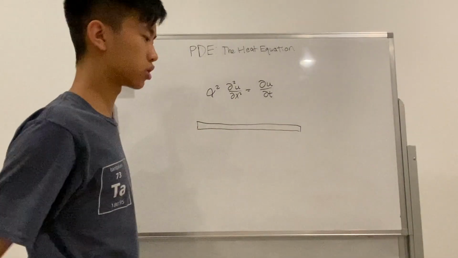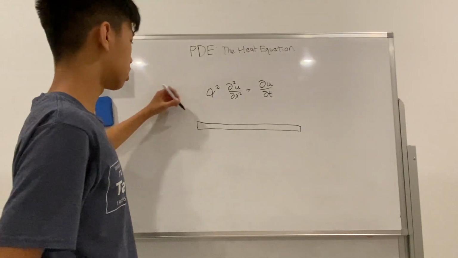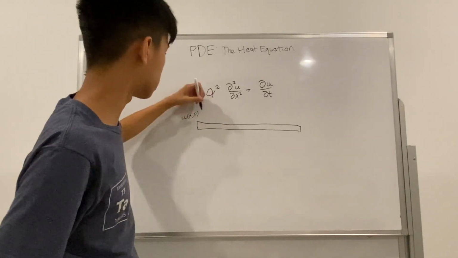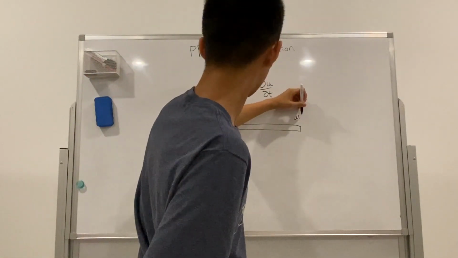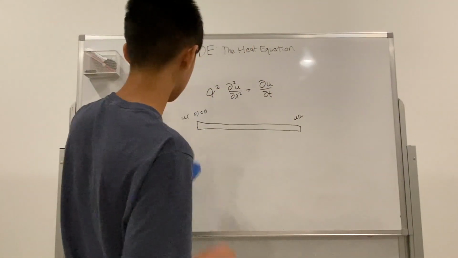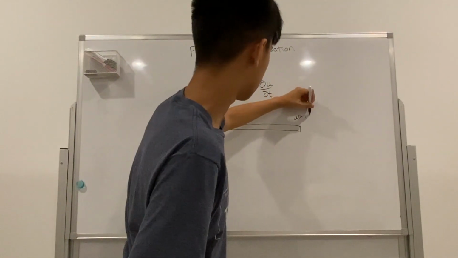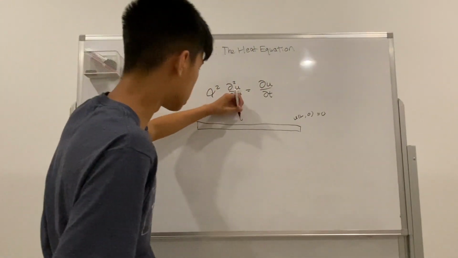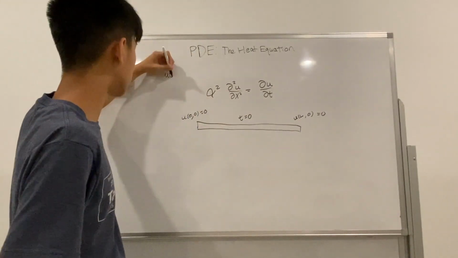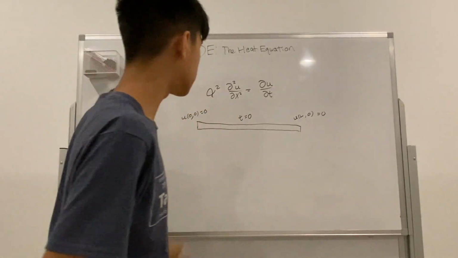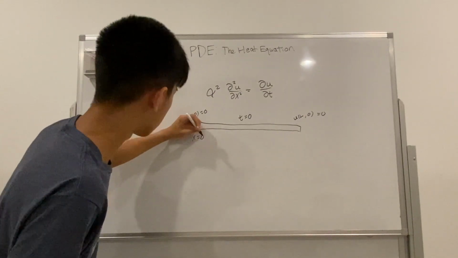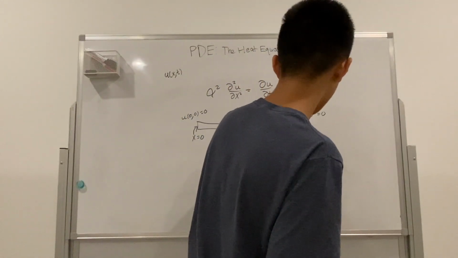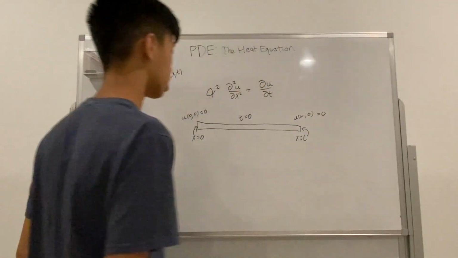And for this video, for simplicity purposes, we'll just cover how to solve for bars where u of 0, t is equal to 0 and u of L, t is equal to 0. So what this means is that, note that u is a function of x and t, at the point x equals 0 the temperature is 0, and at the point x equals L, which is the length of the bar, the temperature is also equal to 0.